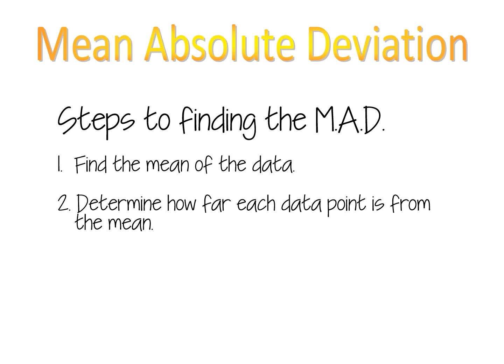It doesn't matter if it's above the average or below the average, but how far is each number from the average of the set. And then you're going to average those numbers.